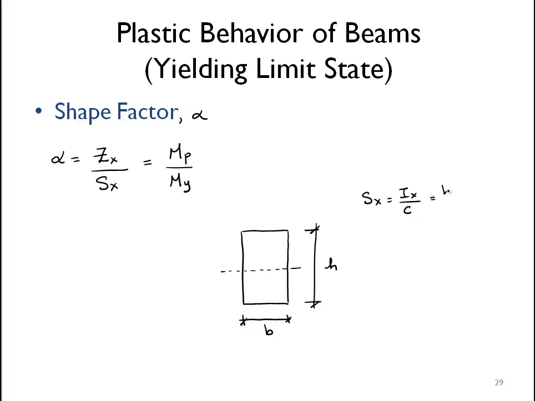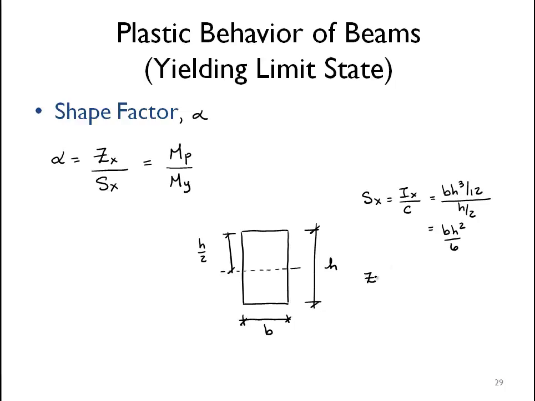I sub x is just bh cubed over 12 for a rectangle, and c is the distance from the neutral axis to the extreme fiber, which in this case is h over 2. So my elastic section modulus is just bh squared over 6.